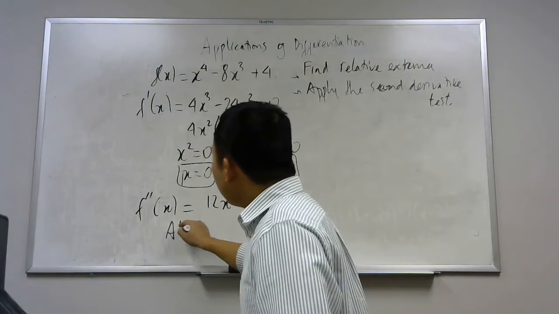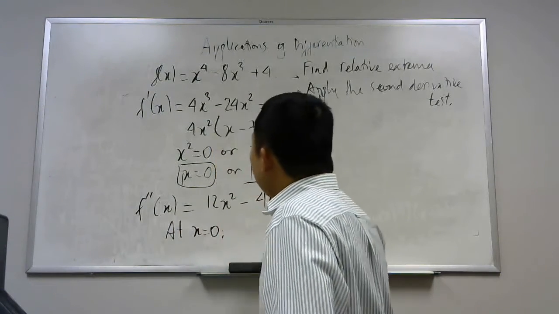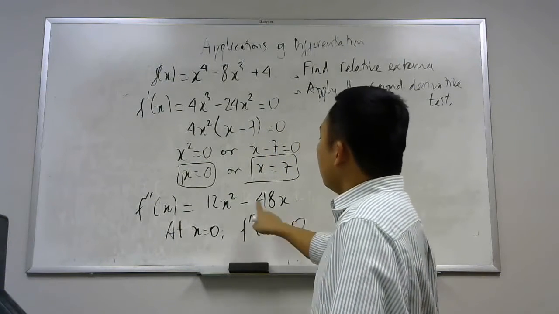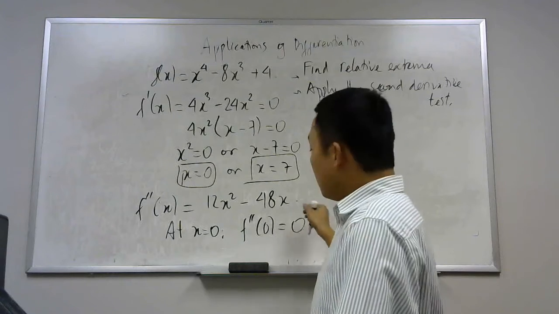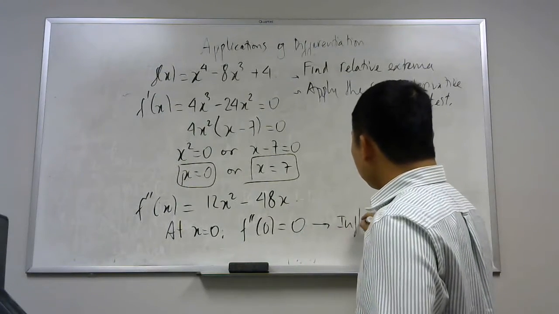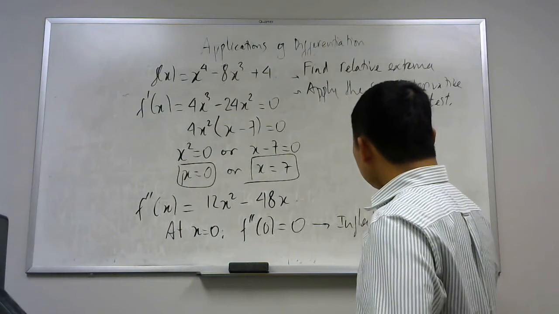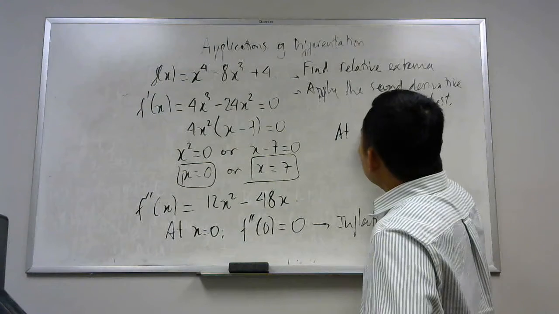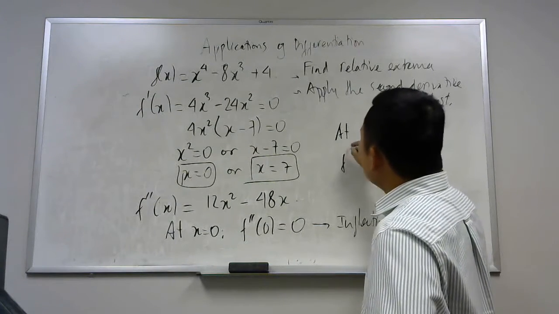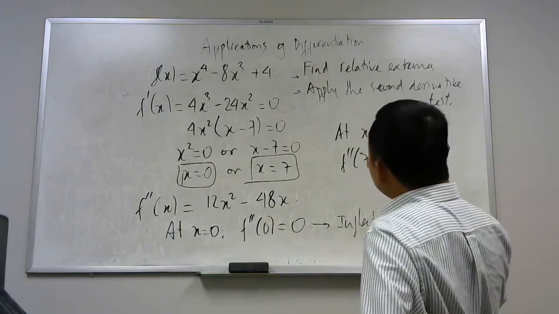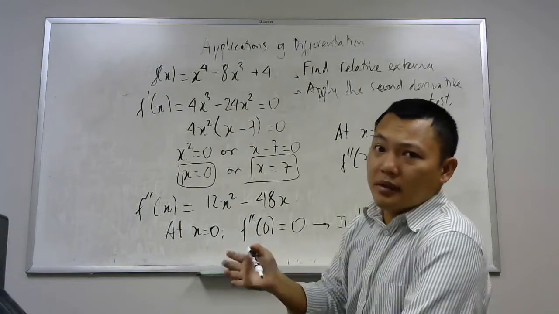For example, x equal to 0, the second derivative at 0 is 0. You plug 0 in here, you plug 0 in here, you get 0. So that is not an extreme point, right? That is an inflection point. And then at x equal to 7, you get f double prime of 7 equal to, you plug 7 into this. I just need to see the sign.